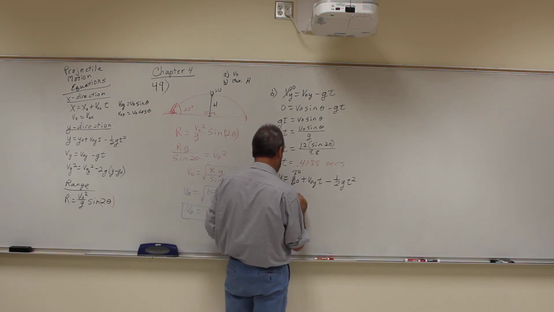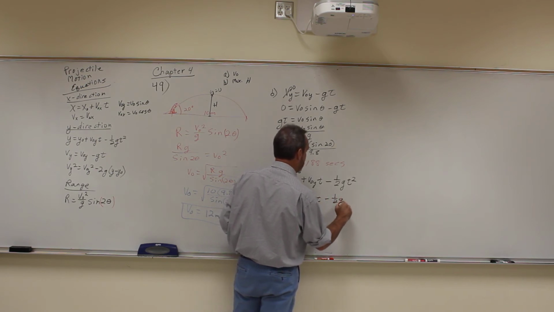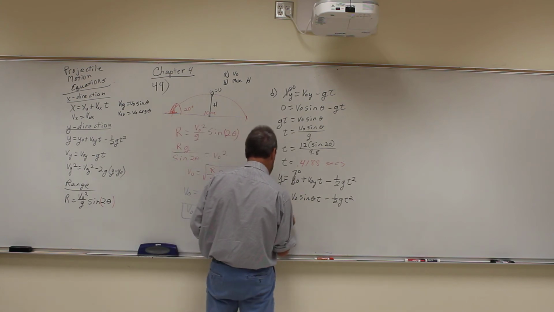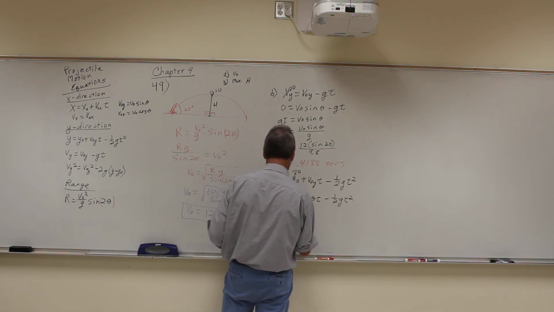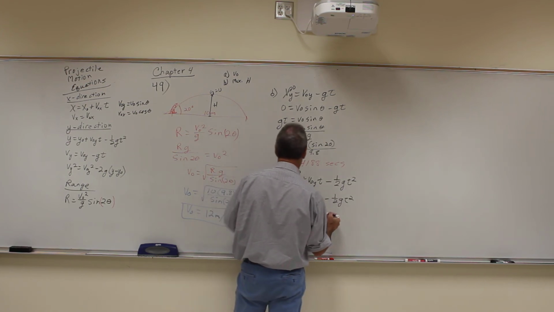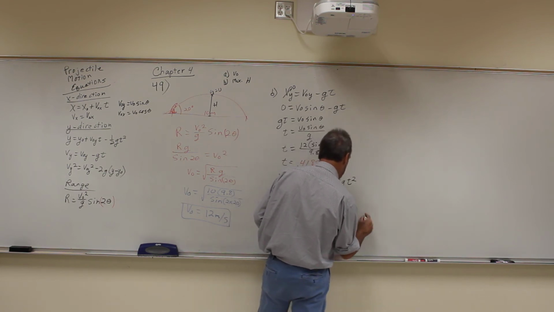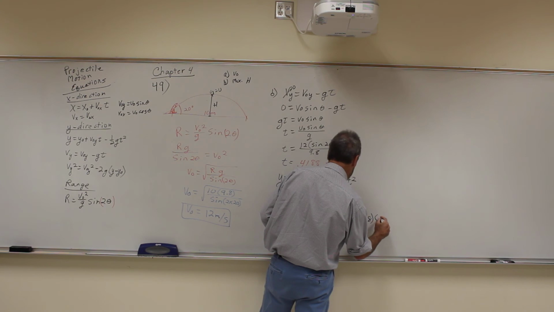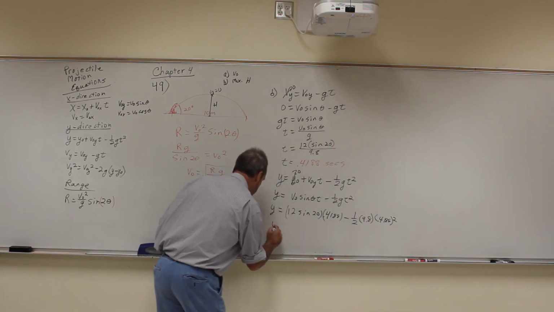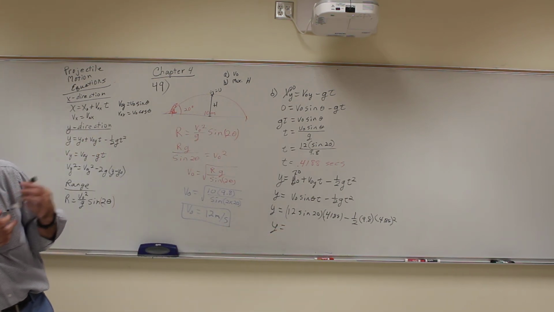So we've got v naught sine theta times t minus 1/2 gt squared. So I just plug all that in. And I'm going to get y is equal to v naught we have is 12 sine of 20, all that times t, which is 0.4188, minus 1/2 of 9.8 times 0.4188 squared. And when you do that, you get the maximum height is 0.91 meters.